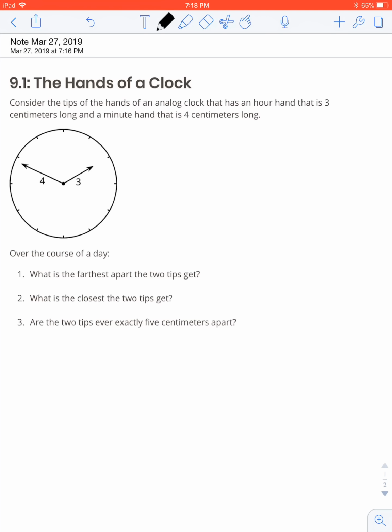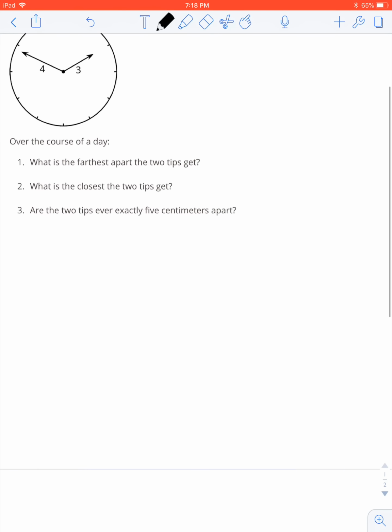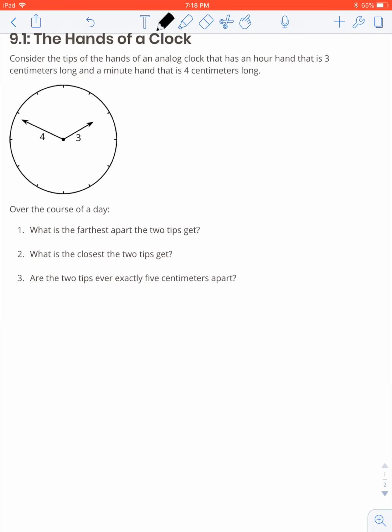So hopefully you've gone through and answered the question. So the direction states, we've got 2-hand clocks here, and what is the furthest that the 2 tips are going to be apart? So hopefully you are thinking, okay, well, this depends on what time of day it is, but the biggest thing is the furthest that the 2 tips are going to be apart is whenever they are completely opposite of each other.